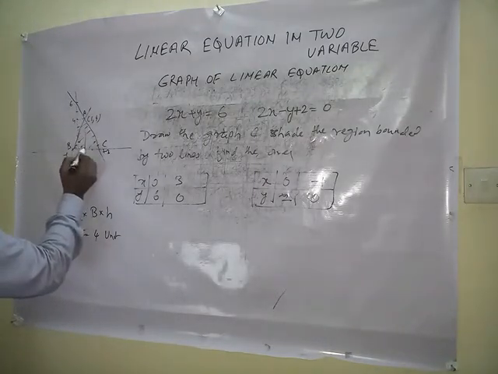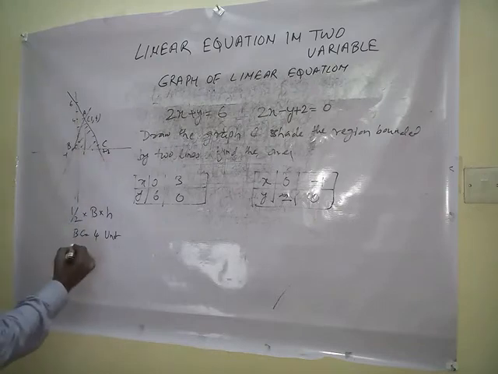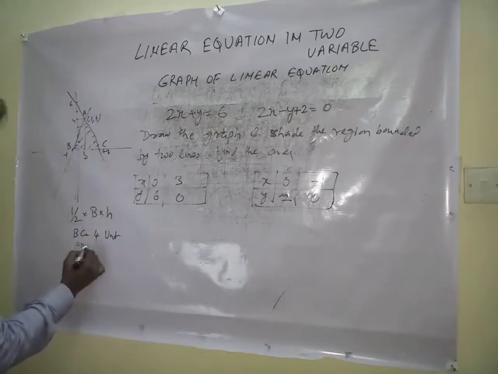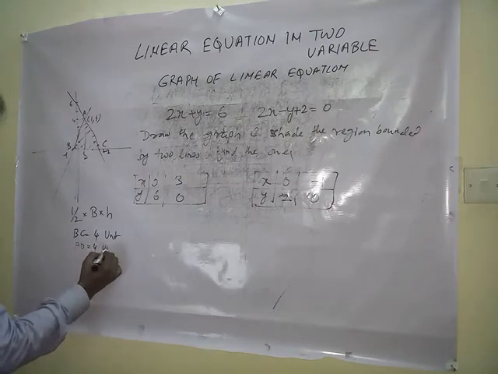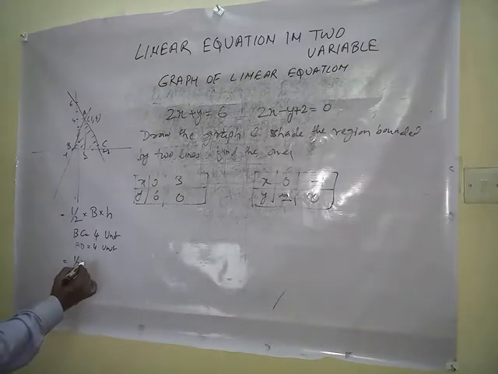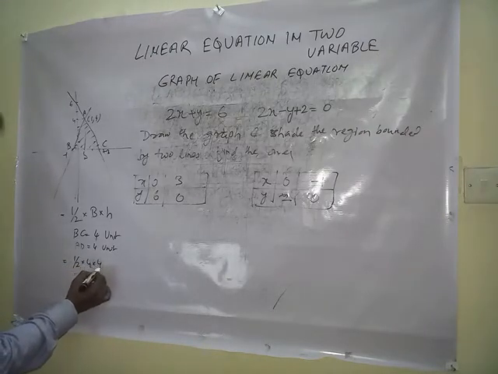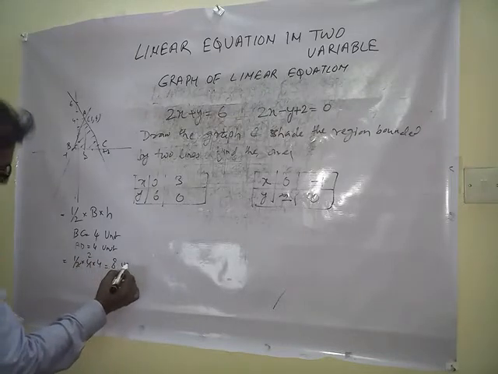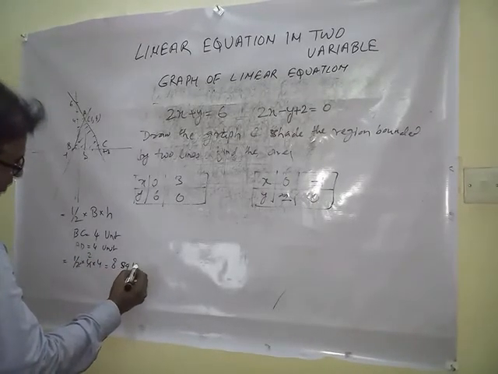So the height of this from this point to this point, say AD, is AD equal to 4 units. So now the area will be 1 upon 2 multiplied by 4 multiplied by 4, which is equal to 8 square units.